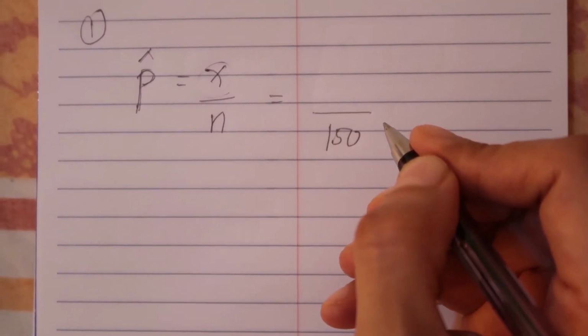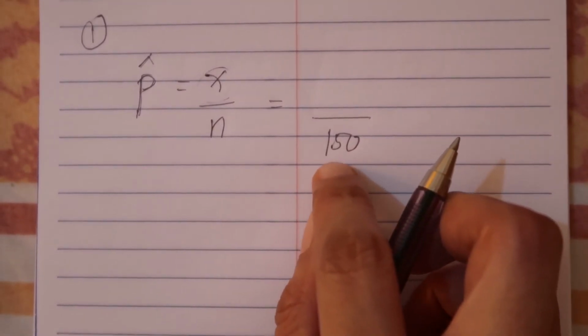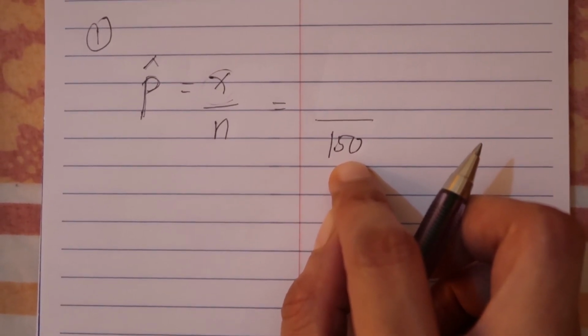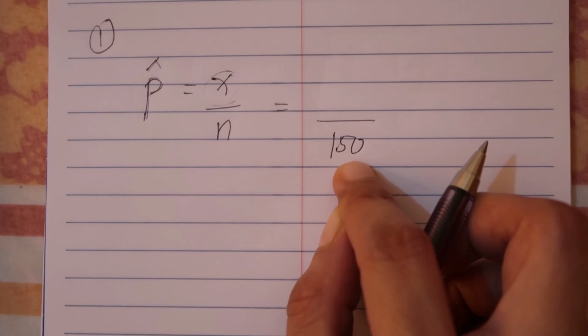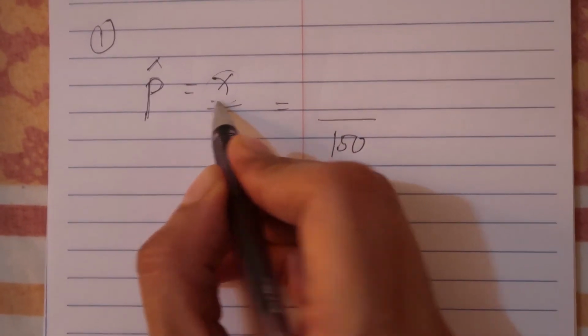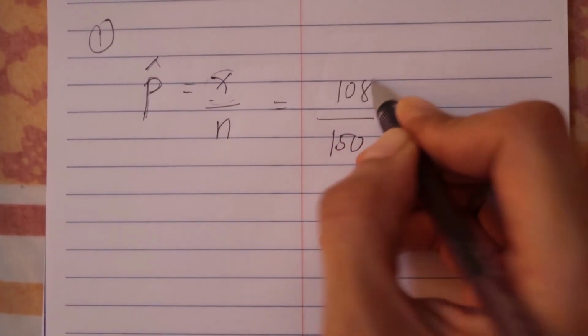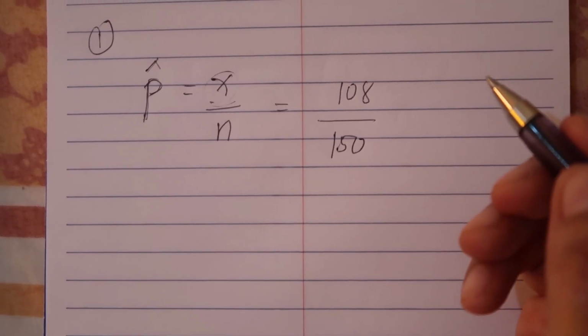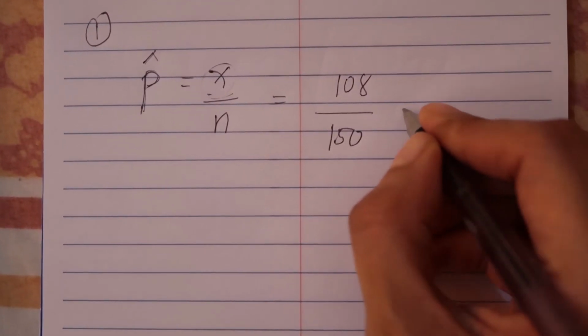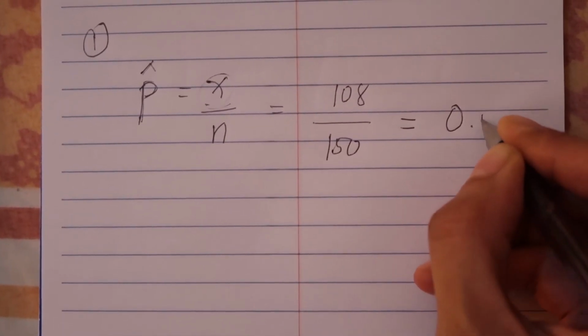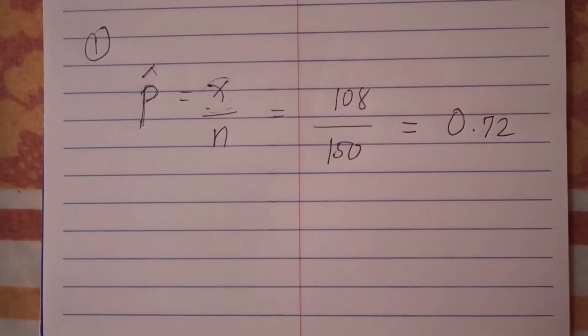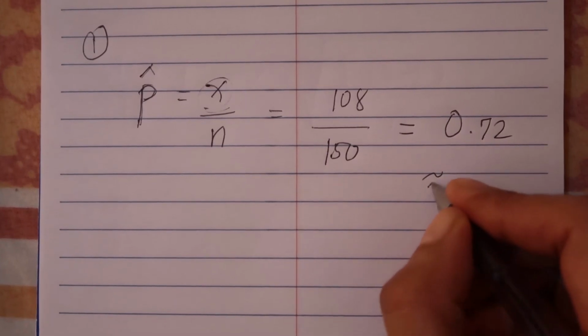Your sample size is 150. Of the 150, 108 think that global warming is serious, so your x will be 108. Therefore, your sample proportion is 0.72, or equivalent to 72%.